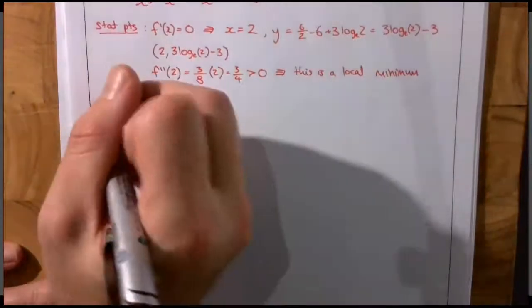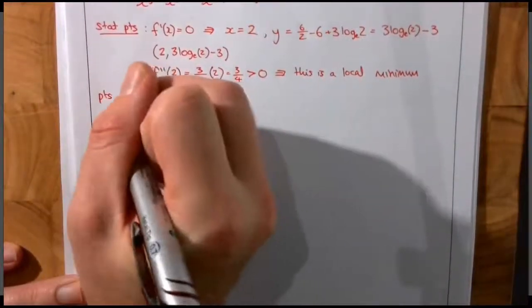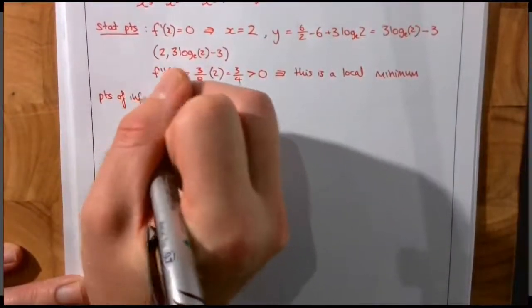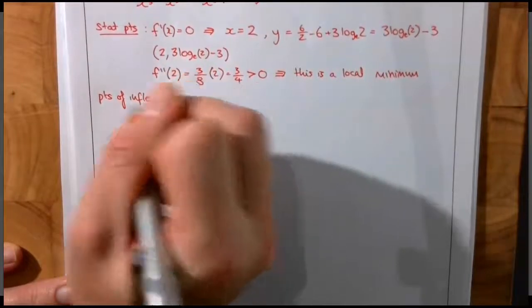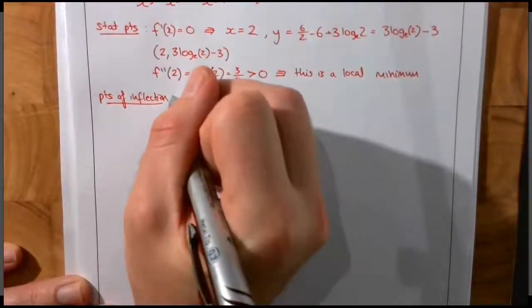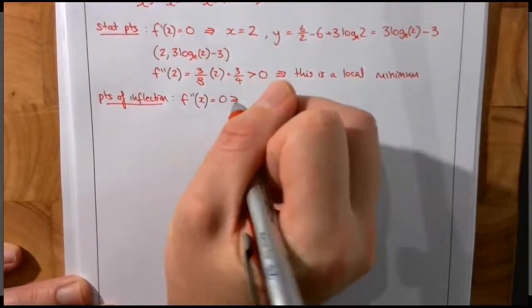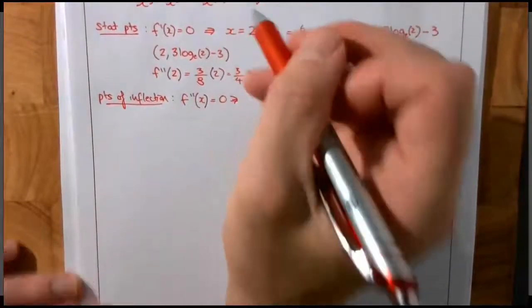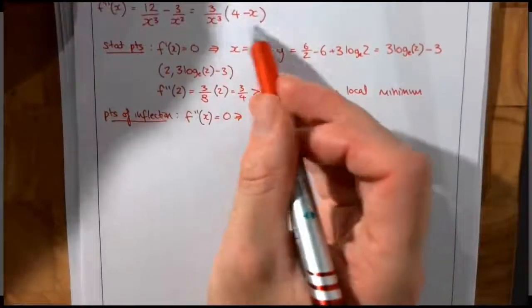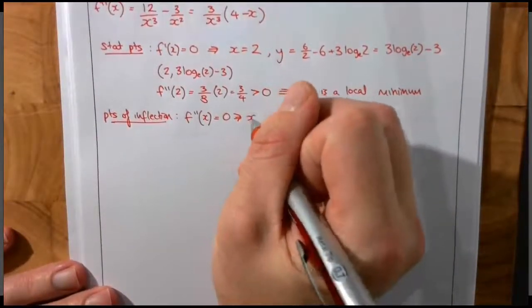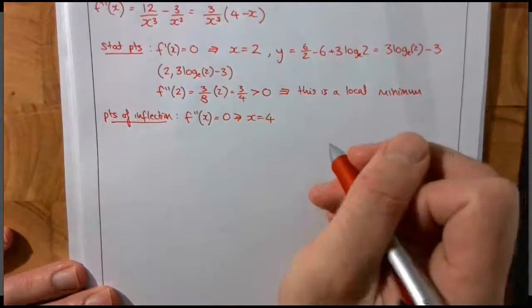Next thing I'm going to do is look for any points of inflection, labeling what I'm doing really closely. So looking for f double dash being equal to 0, which, looking at the equation, definitely happens when x equals 4.